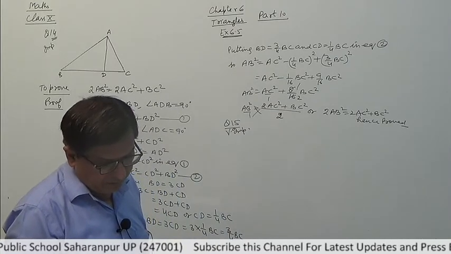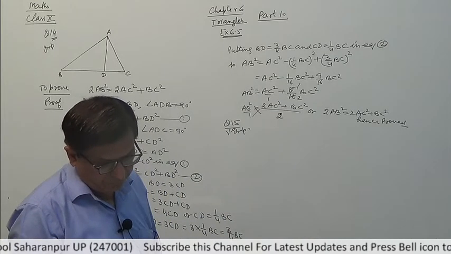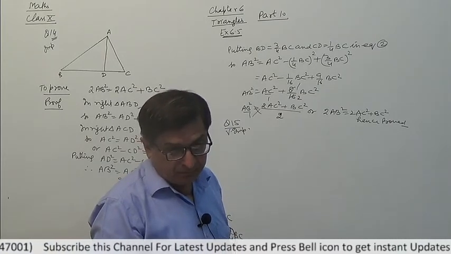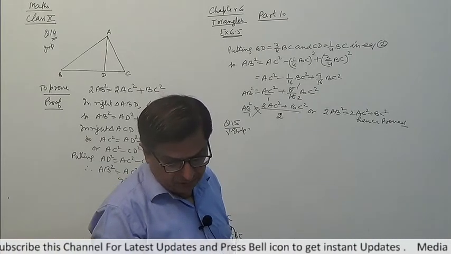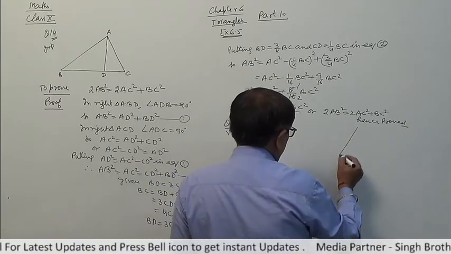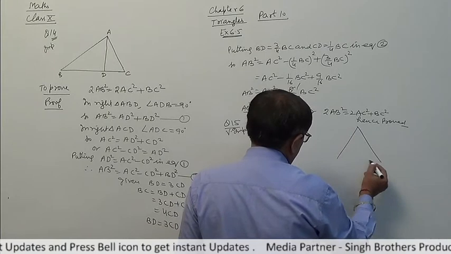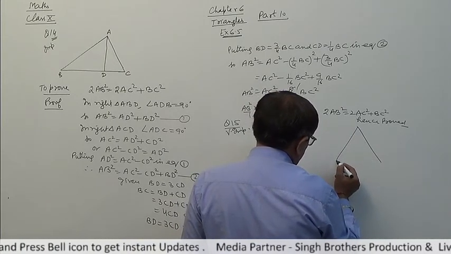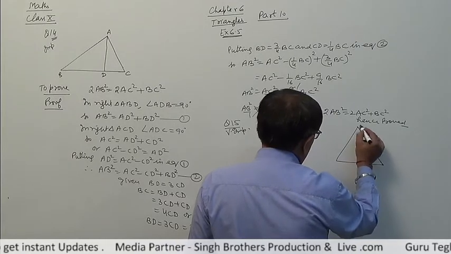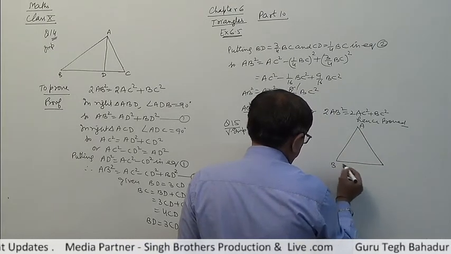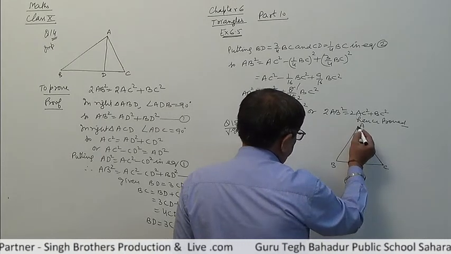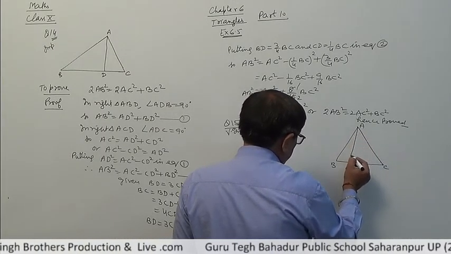In equilateral triangle ABC, D is a point on the side BC such that BD is equal to 1/3 BC. This is the equilateral triangle ABC. BD is 1/3 BC.